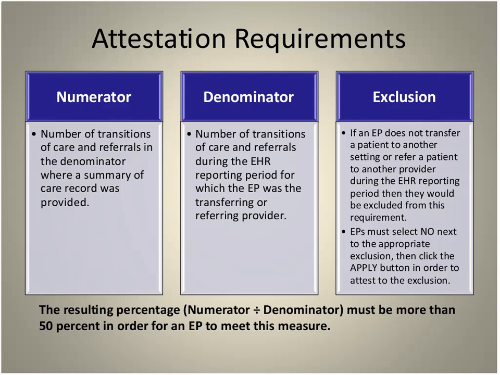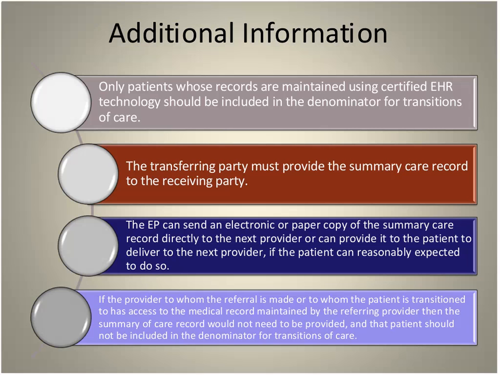The requirement here again is that more than 50% of these transitions of care that take place require a summary of care to be provided. Now, it is up to the provider to decide when a transition of care has actually occurred. Only patients whose records are maintained in the certified EHR should be included in the denominator of transitions of care.